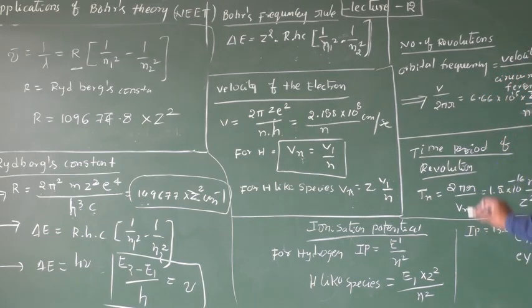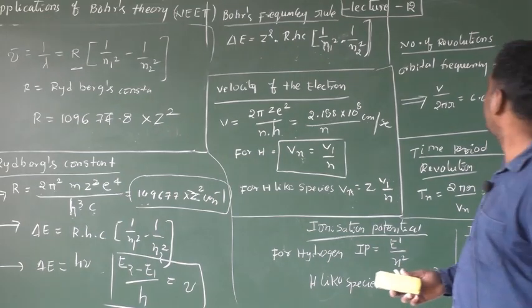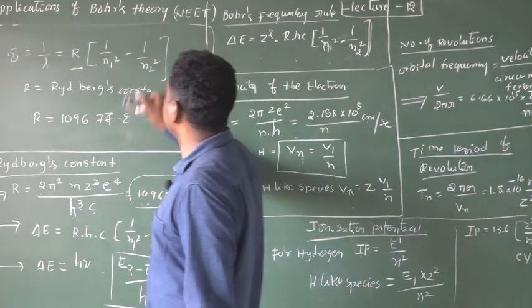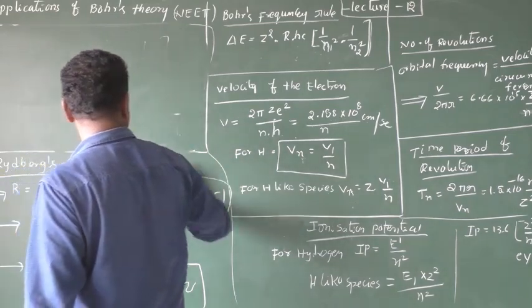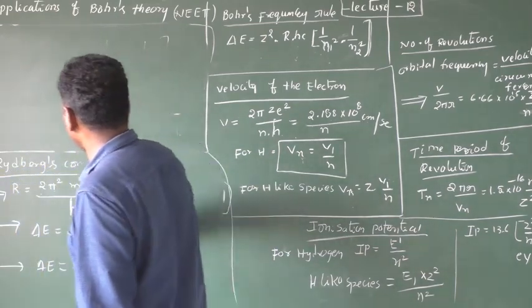After that, number of revolutions, that is also called as orbital frequency. So orbital frequency is calculated by the formula velocity by circumference.